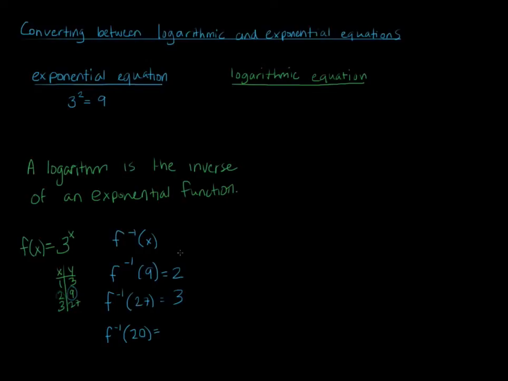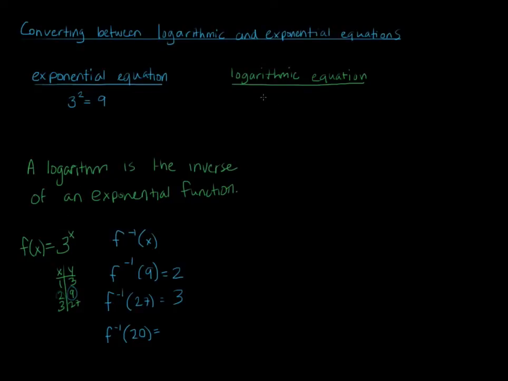So let's go back and take our very simple exponential equation and try to find a logarithmic equation that's the same as that. Remember, this is one single exponential equation, one special case of the exponential function. In a logarithmic equation, we're doing the opposite.